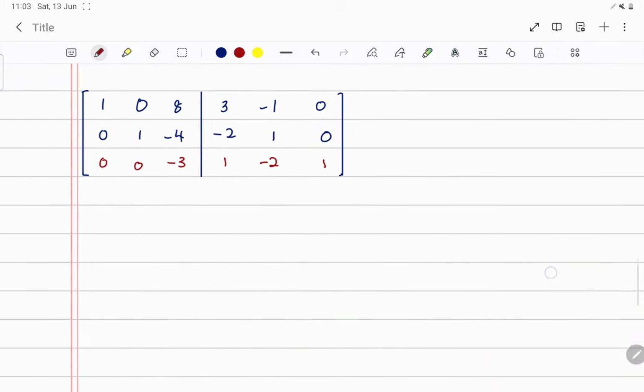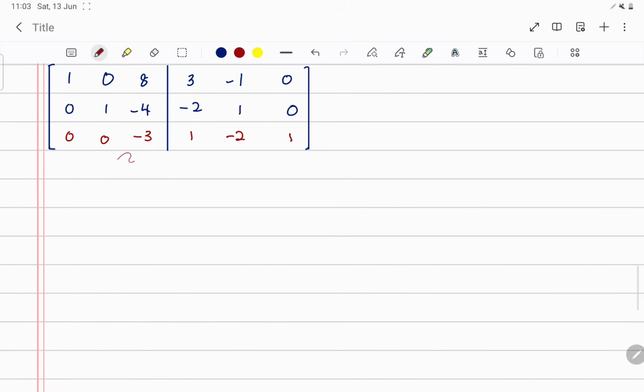When we have CRI, by right, the negative 3 must be multiplied with something, then you get equal to 1. So in order to make negative 3 into 1, we have to multiply this with negative 1 over 3. So negative 1 over 3 multiply with negative 3, you're going to get equal to 1, right?